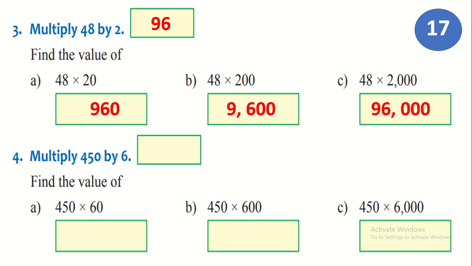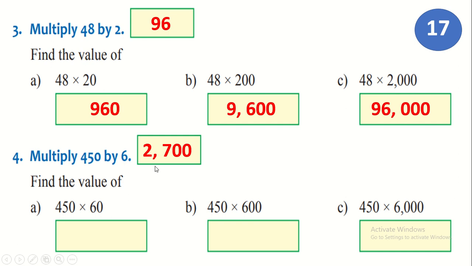Okay, very good. Now let's move to number 4. Multiply 450 by 6. 6 times 0 is 0. 6 times 5 is 30, carry 3. 6 times 4 is 24, plus 3 is 27.